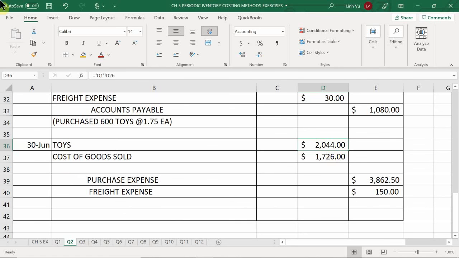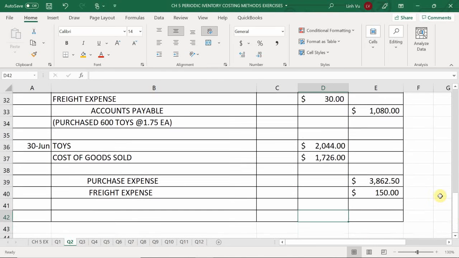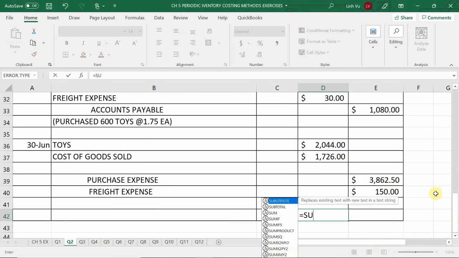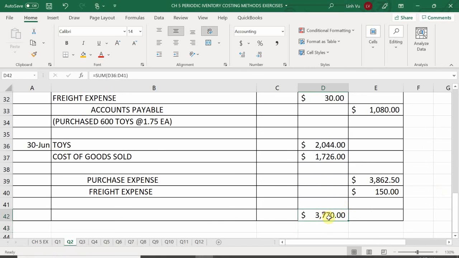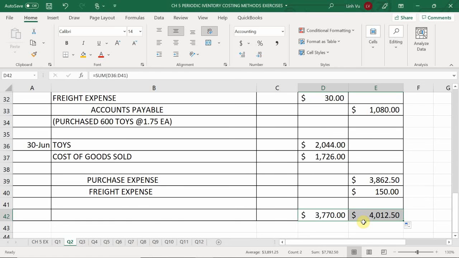Okay. So then let's go ahead and take a look at this and actually map out what I am missing here. Okay. So equals the sum. The return stuff, right? Good. I have 3,770 on the left, and I have 4,1250 on the right.